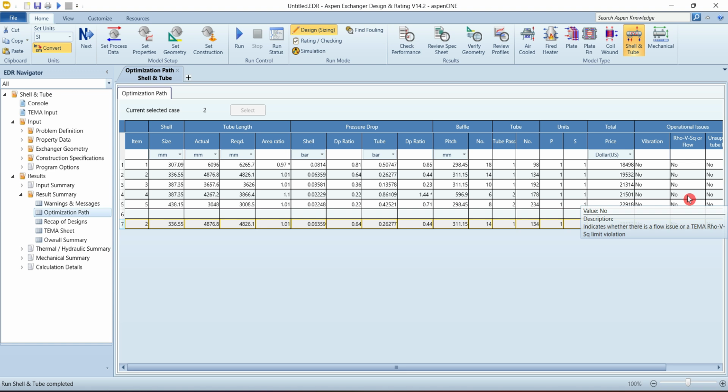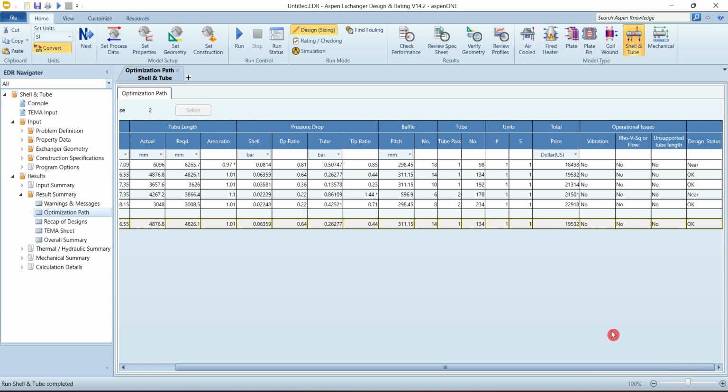operational checks. The most important operational checks are whether the velocity of the fluid is so high that we can expect any erosion or vibrations inside the shell or inside the tube. It checks for the vibrations, and for the given heat exchanger size, we are not expecting any vibration.